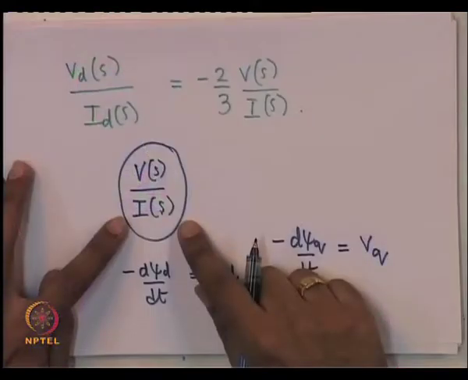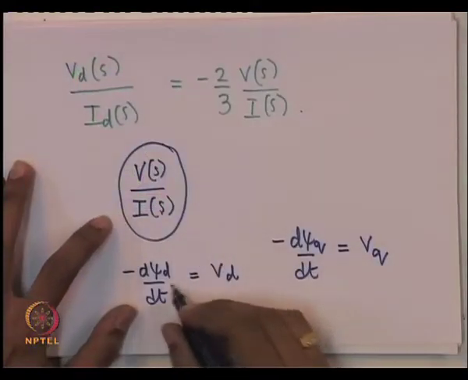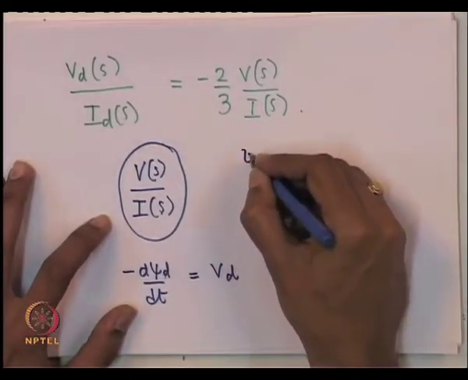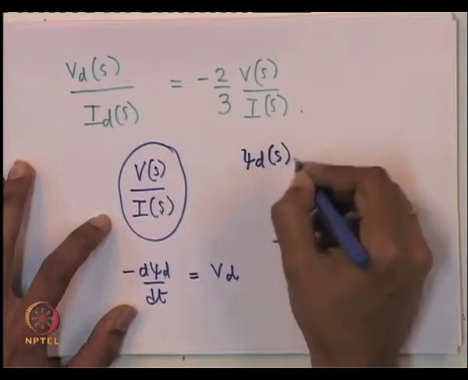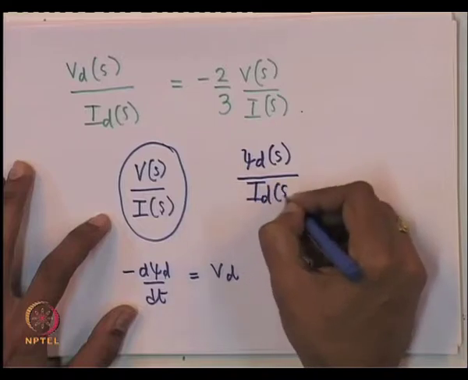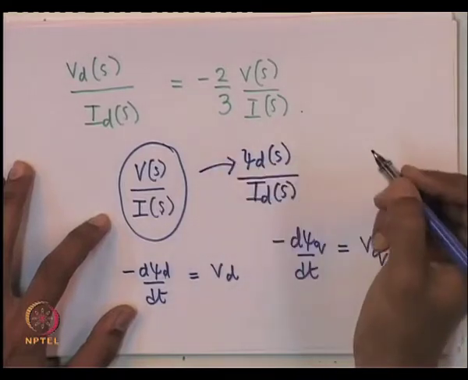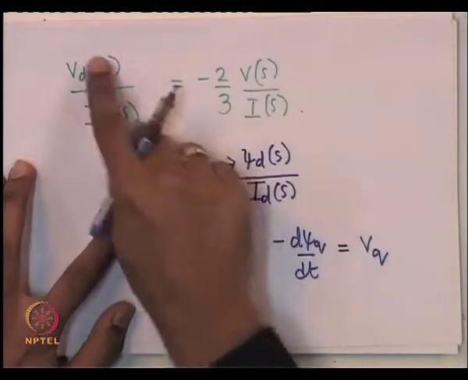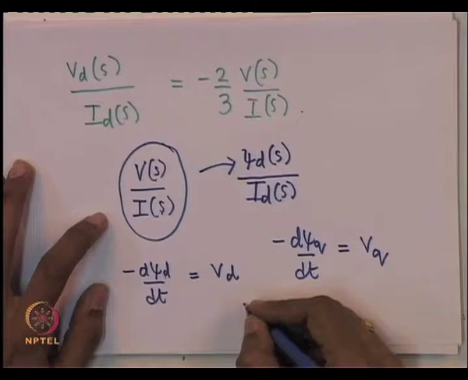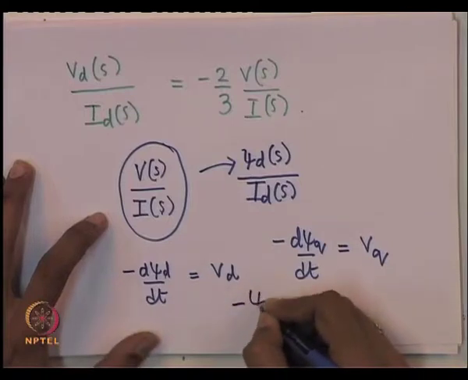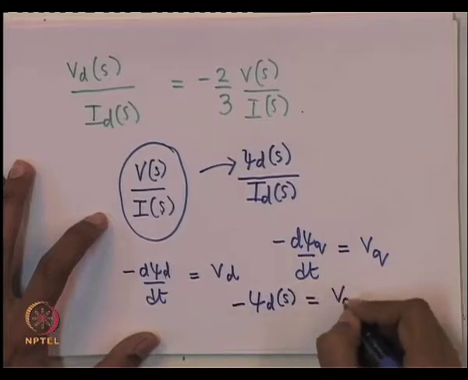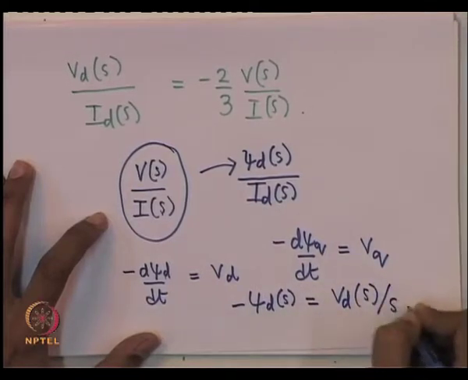But basically what I wanted to say is, since psi d and V d are related in this fashion, we can get the transfer function from this, because we have this relationship and we also have this relationship. I will just write it in Laplace domain: minus of psi d of s is equal to V d of s upon s.